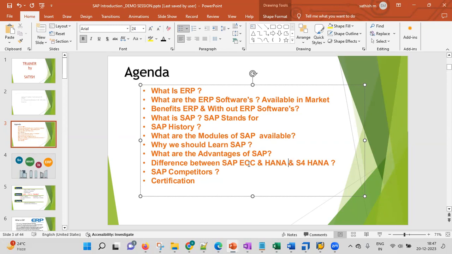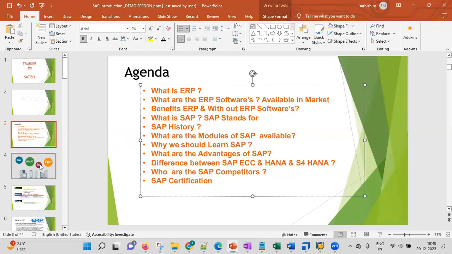And you will be learning about who the SAP competitors are, and about the SAP certificates, the SAP certification.